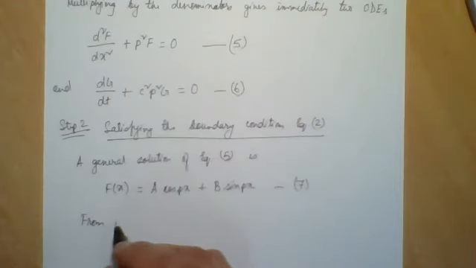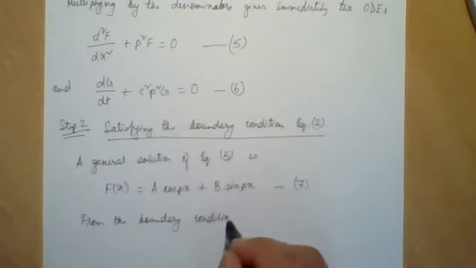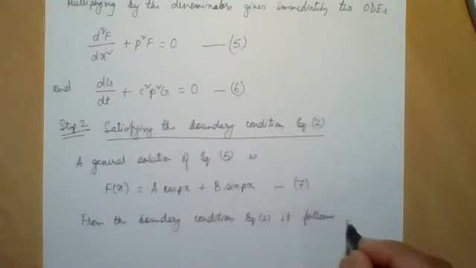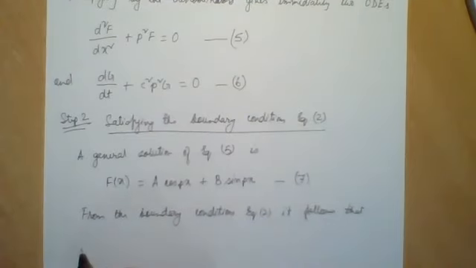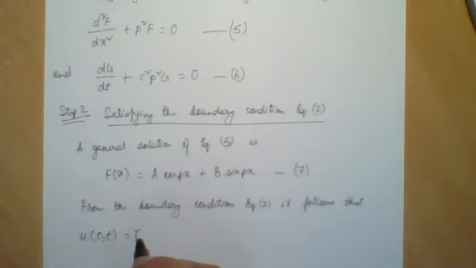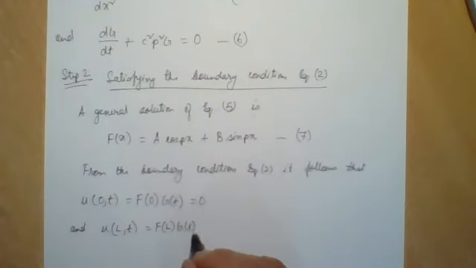From the boundary conditions given by equation number 2, it follows that u of 0, t for any value of t, which is equal to f of 0 times g of t, should be equal to 0. And u of L, t for any value of t, which is f of L times g of t, should also be equal to 0.